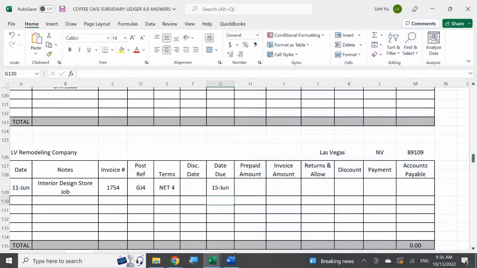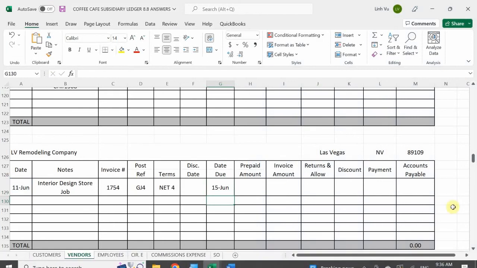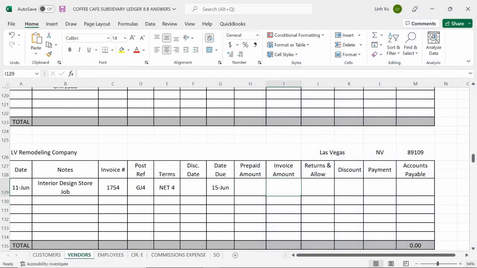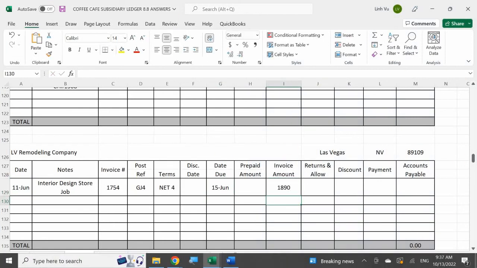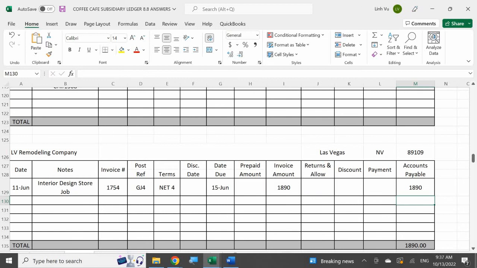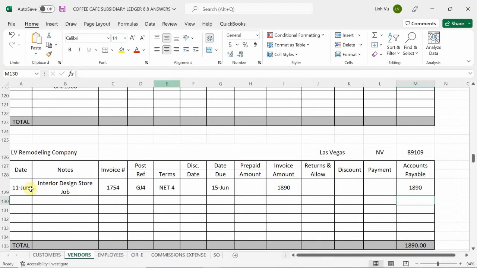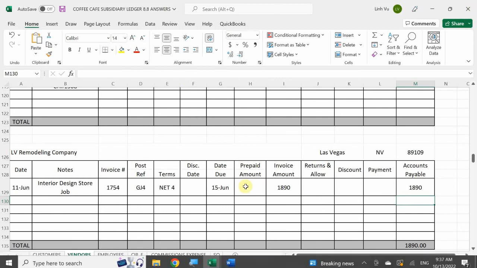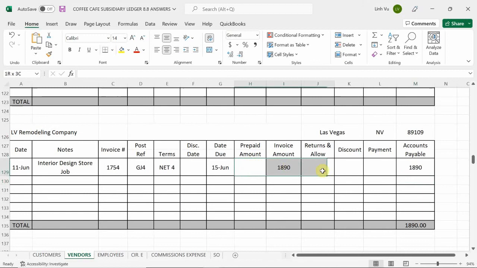Yep, the 15th, right? It says so on your bill. And for the total amount of $1,890. And once again, let's do that formula. It's going to be invoice amount minus prepaid minus returns minus discounts minus payments. And is that true? Do we owe LV Remodeling $1,890? Yes, that is true.